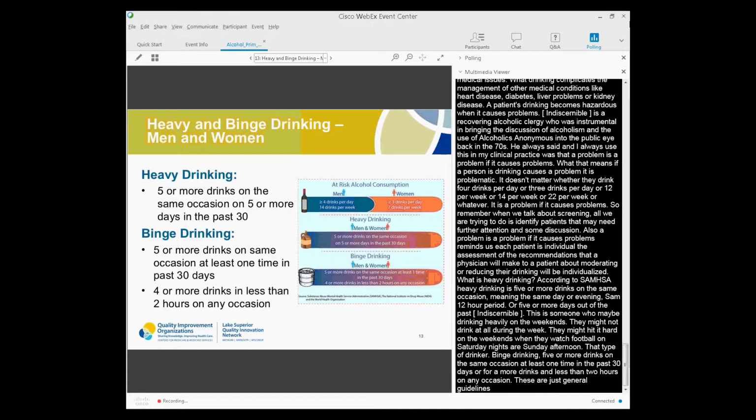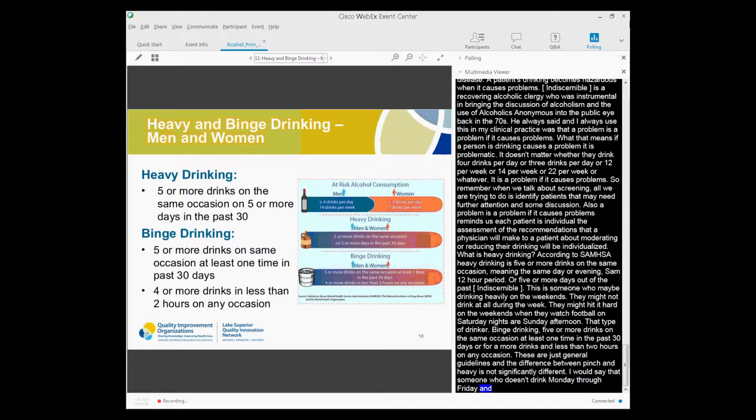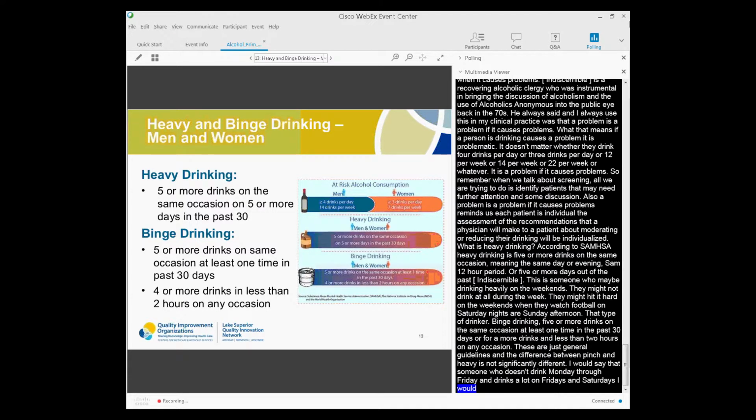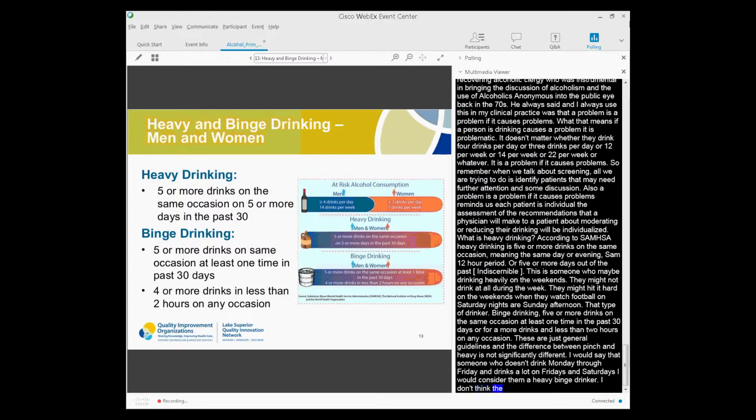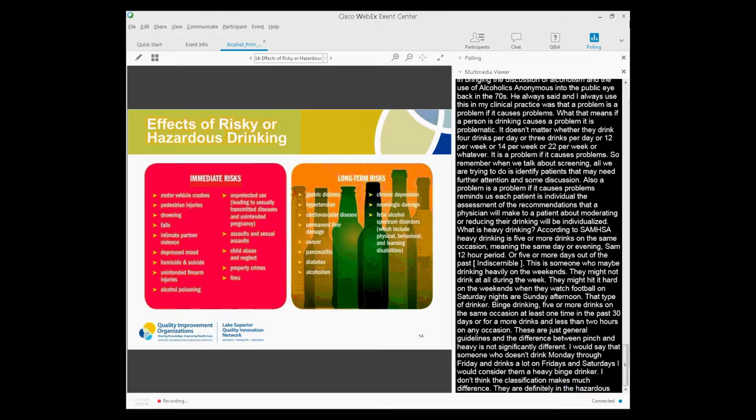But I would say that somebody who doesn't drink Monday through Friday and drinks a lot on Fridays and Saturdays or Saturdays and Sundays, I would classify as a heavy binge drinker. I don't think the classification makes much difference, but they are definitely in the hazardous and risky area of drinking.